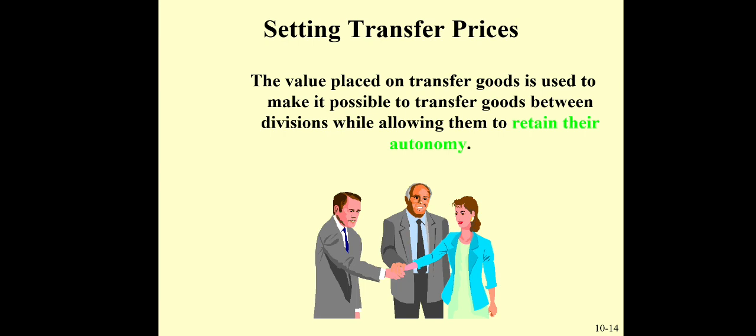Okay, this is another point. The value placed on transferred goods is used to make it possible to transfer goods between divisions while allowing them to retain their autonomy.